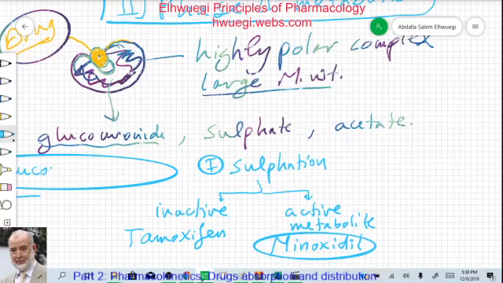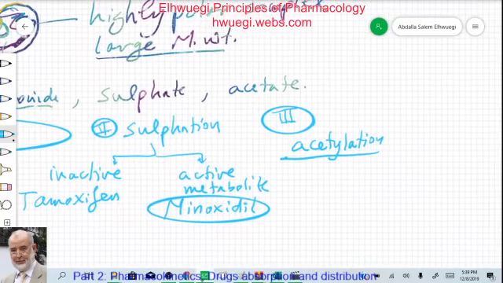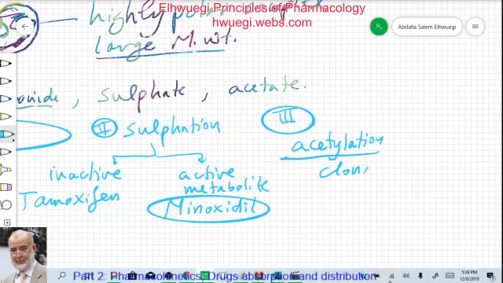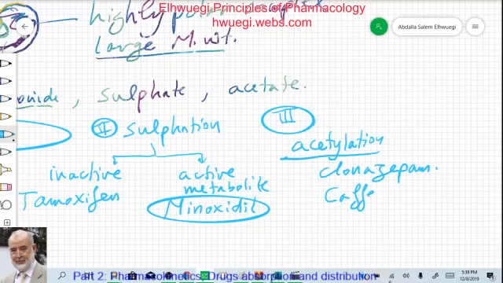The third process involved in conjugation is conjugation with acetate, the process of acetylation. Acetylation takes place with many drugs like clonazepam, like caffeine, okay?